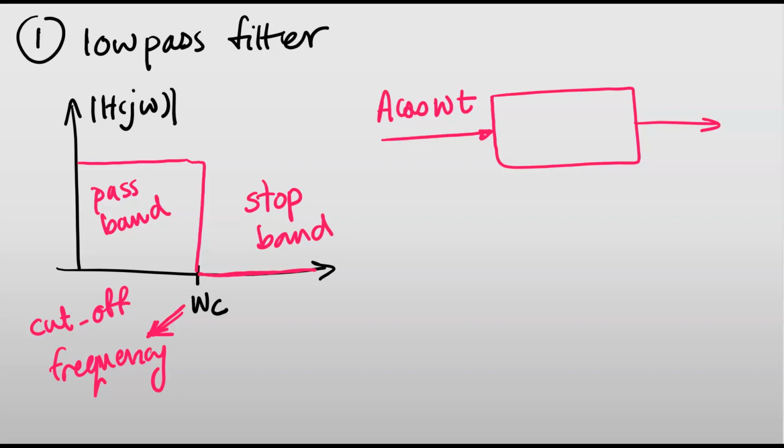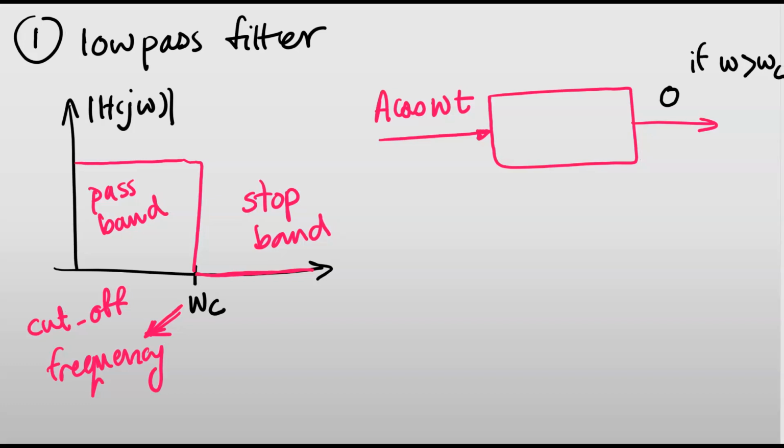An ideal low pass filter can completely kill the input signal and make the output signal equal to 0 if omega is greater than omega c, or it can pass the signal completely without any drop in magnitude, a cosine of omega t, if the frequency is smaller than omega c. That's what happens in an ideal low pass filter with a sharp transition from pass band to stop band.